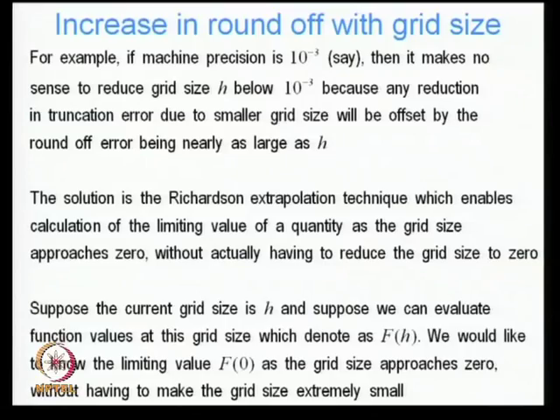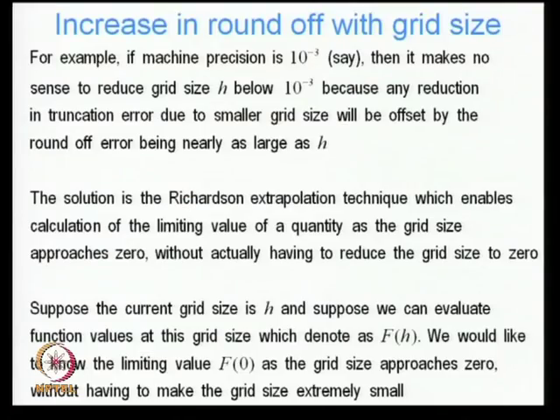But I know that in actual practice, if I go on trying to reduce the grid size to 0, I am not going to get anywhere, because after a certain point my round off error is going to become so large that it is not going to help. So then I use this extrapolation technique.